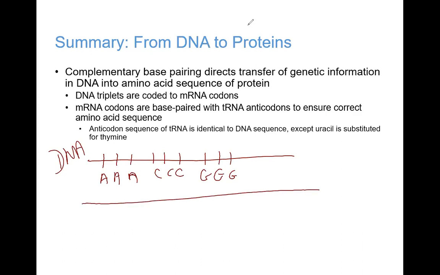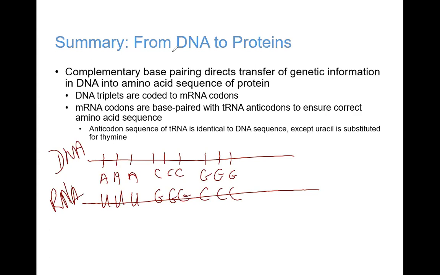What's the complement to adenine in RNA? It's going to be uracil. The complement to cytosine is guanine. And the complement to guanine is cytosine. So there's our messenger RNA.